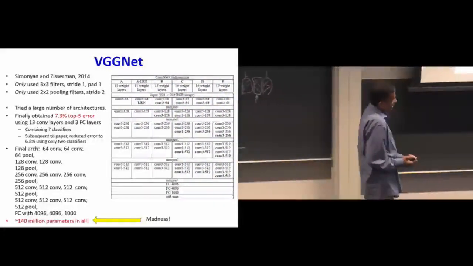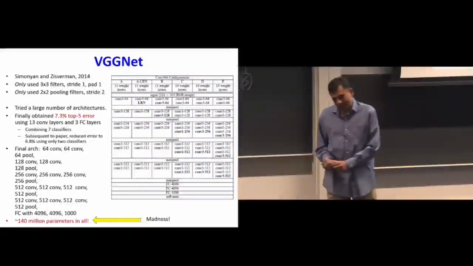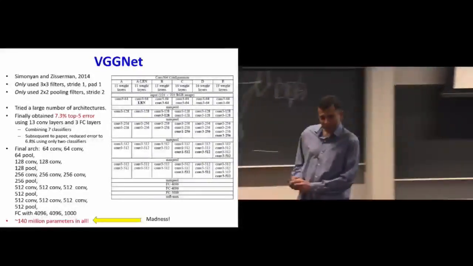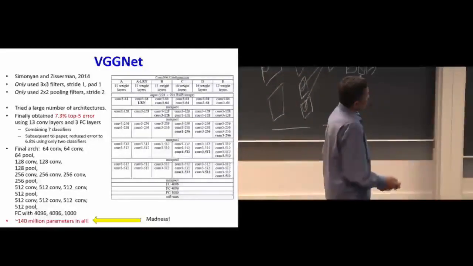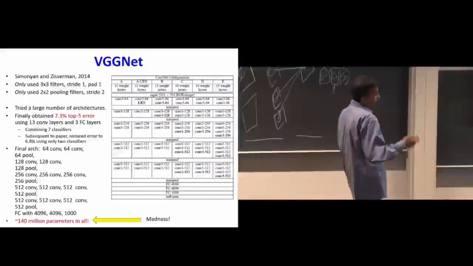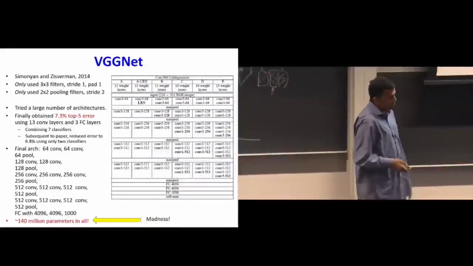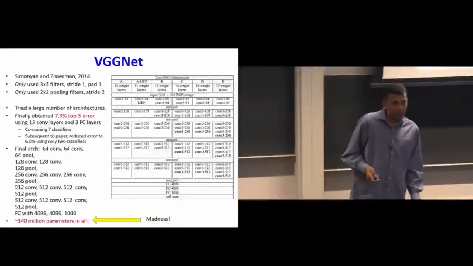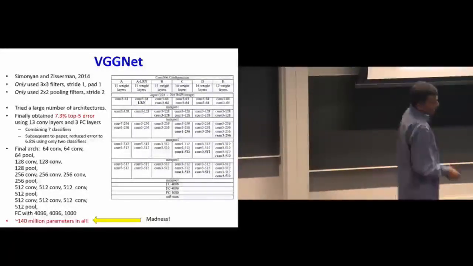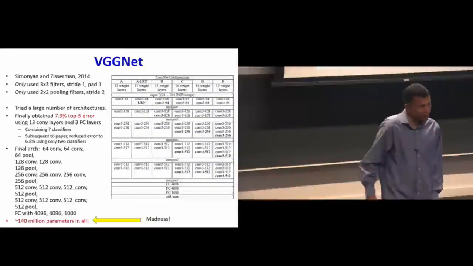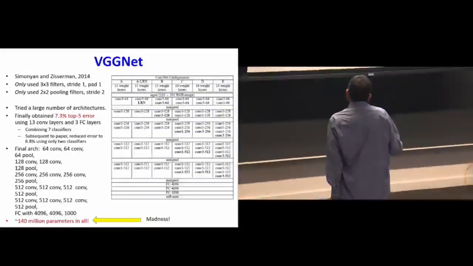This is a classic case of stochastic research, right? They literally ran thousands of different configurations of ConvNets. I'm not sure exactly where they got all the GPUs for it, but just this one experiment must have increased the global temperature by 1 degree centigrade, right?